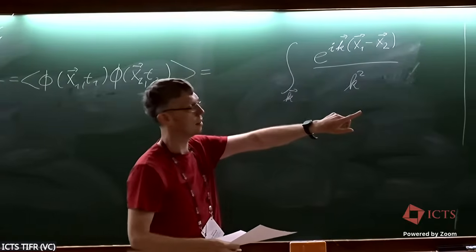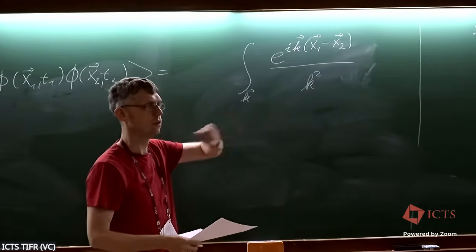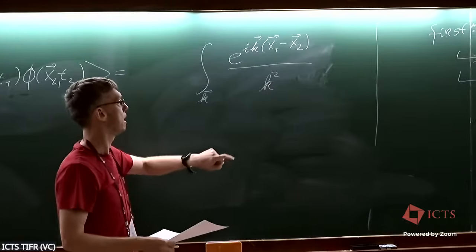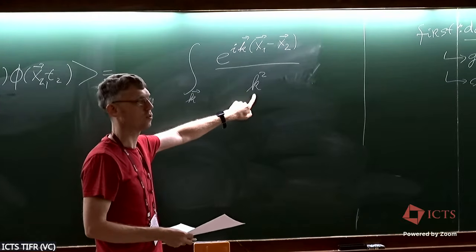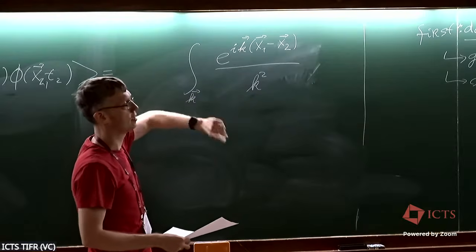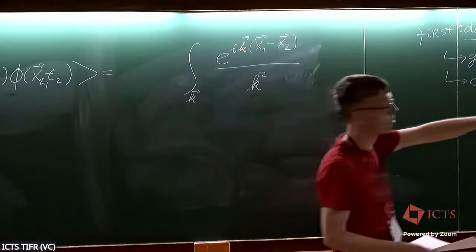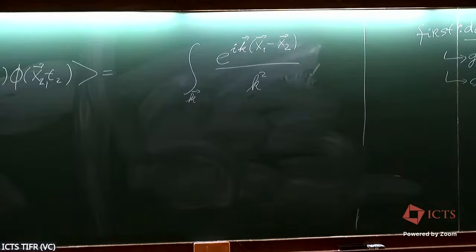So if the Laplacian is two spatial derivatives, and in Fourier domain, this gives a factor of k each, so k squared. And the propagator always is the inverse of what appears in the action here at quadratic level, right?